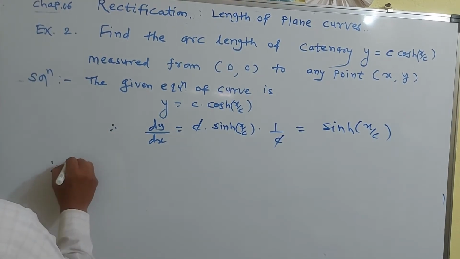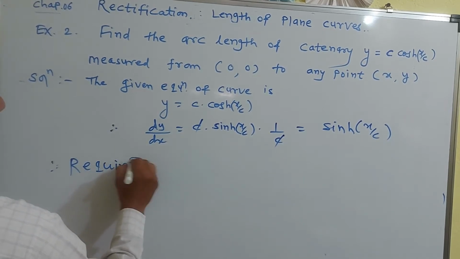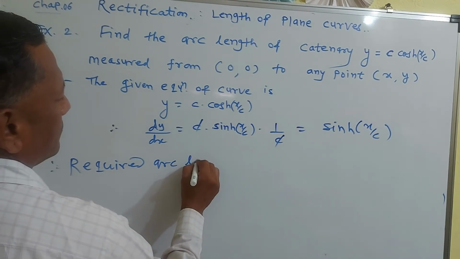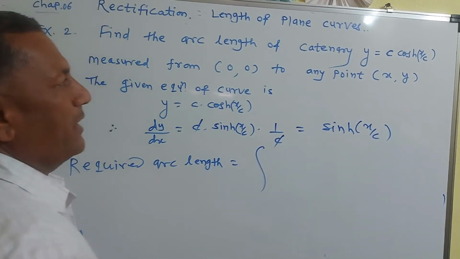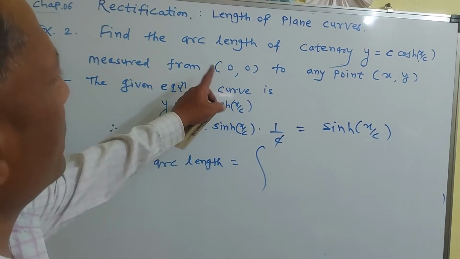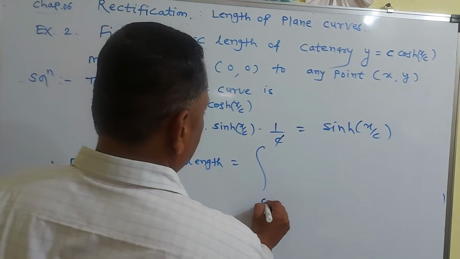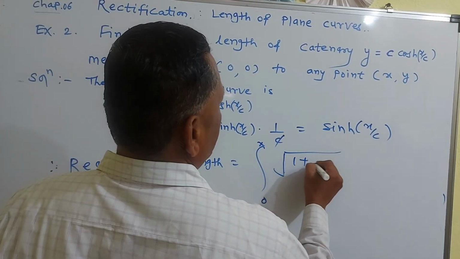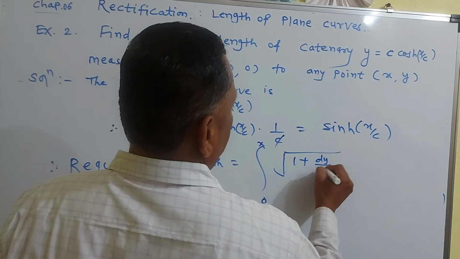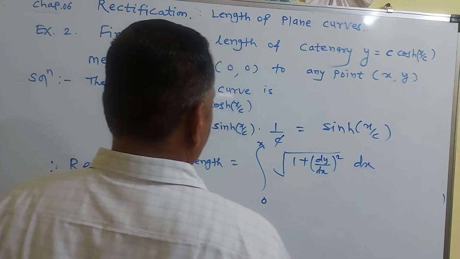So the required arc length is the integration going from a to b, means from the abscissas, x coordinates, 0 to x, of root of 1 plus dy by dx square, and the integration is with respect to x.